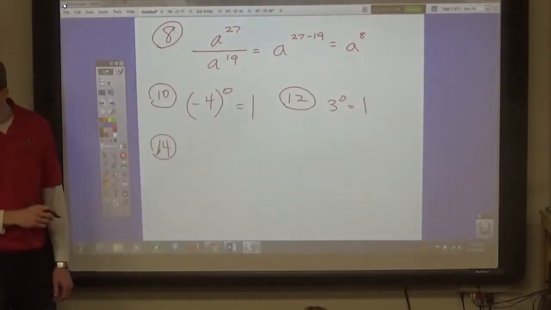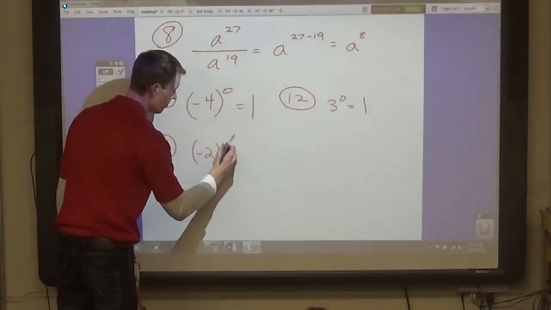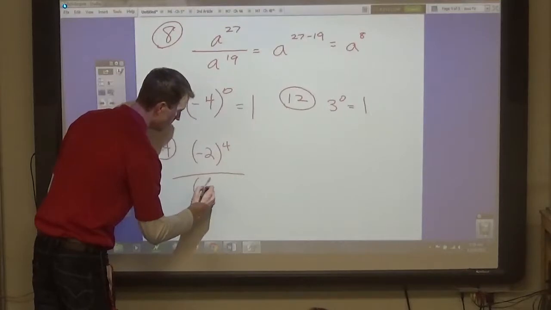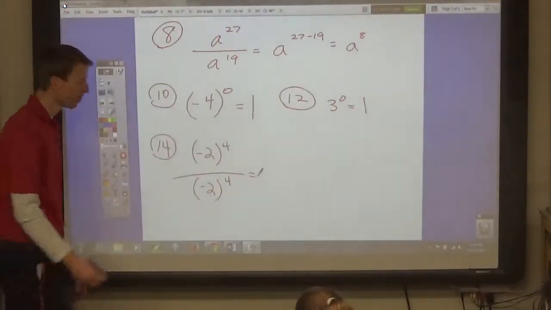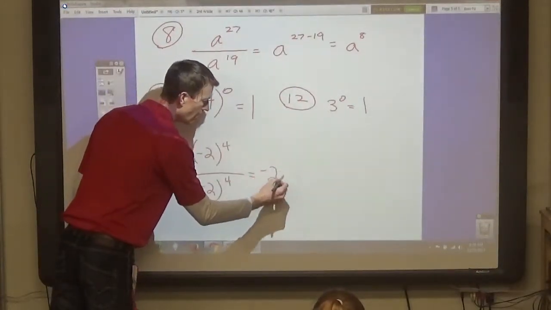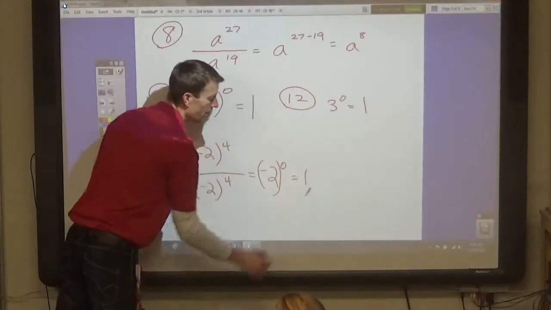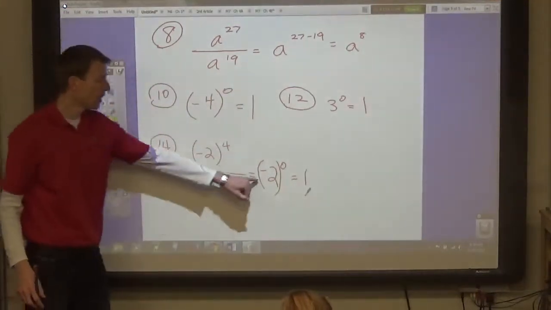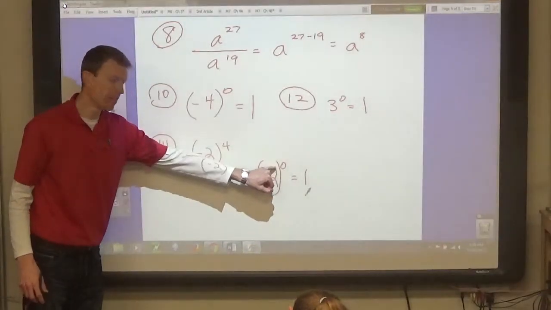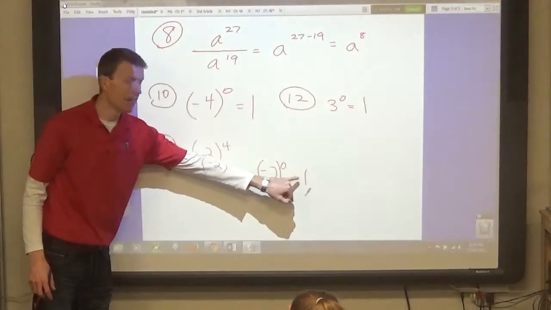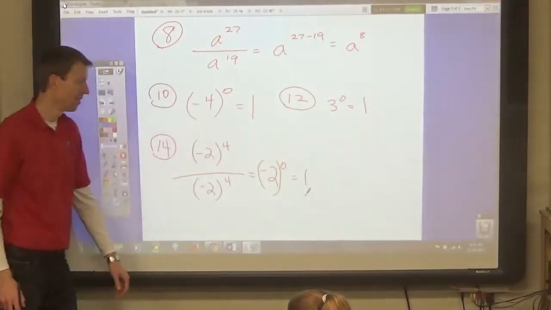Negative 2 to the 4th over negative 2 to the 4th equals negative 2 to the 0 power, which equals 1. Why do you have to have the parentheses around negative 2? Yeah, what if we didn't have parentheses around this? Then it would be negative 1. Yep.